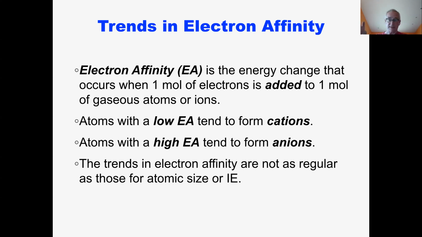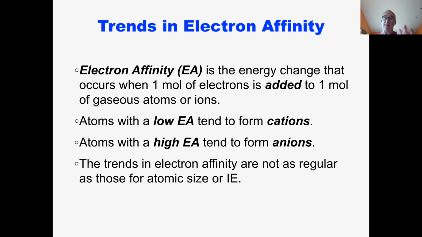As you go across, atoms get smaller, and the nucleus gets larger with more protons and pulls on those electrons, and so it doesn't really want to give them away until you get to the end of the periodic table, where you have the fluorines and chlorines, the halogens, desperately want to pull one more electron in.